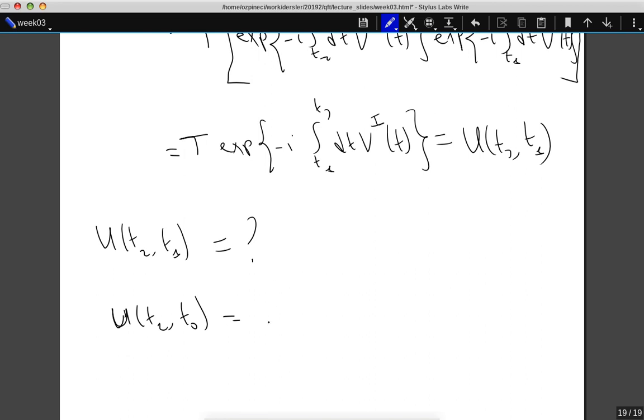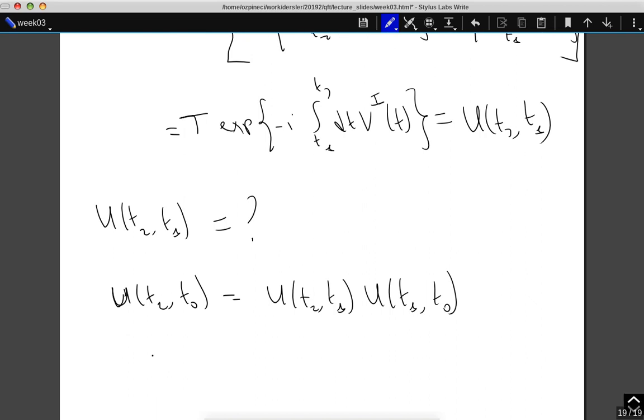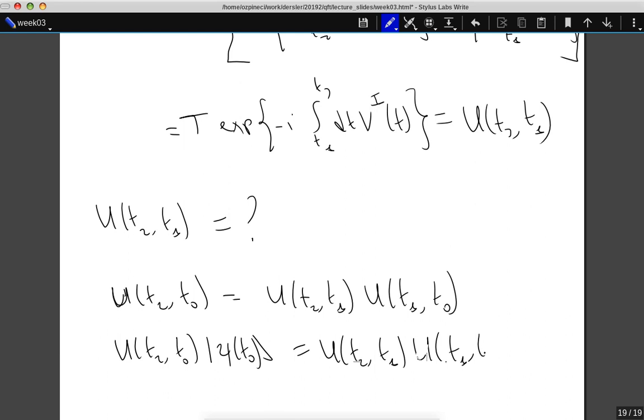But this is also equal to U of t2, t1 times U of t1, t0. So if I put it on a state, U of t2, t0 psi of t0 is equal to U of t2, t1 U of t1, t0 psi of t0.